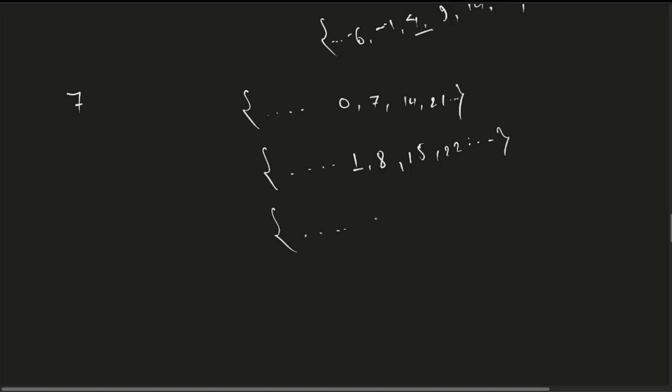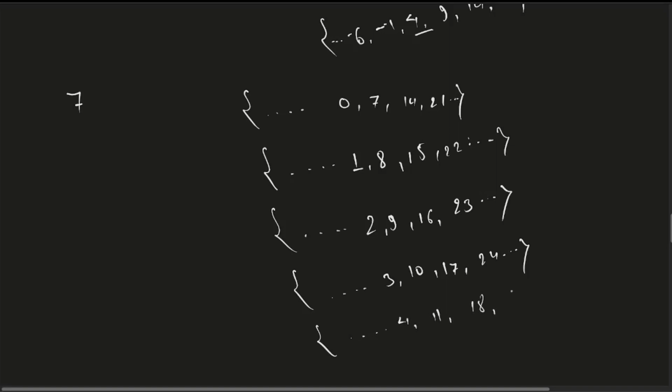Then 2, 9, 16, 23, and so on. We have 3, so 0 is done, 1 is done, 2 is done. Then 3, 10, 17, 24, then 4, 11, 18, and so on.